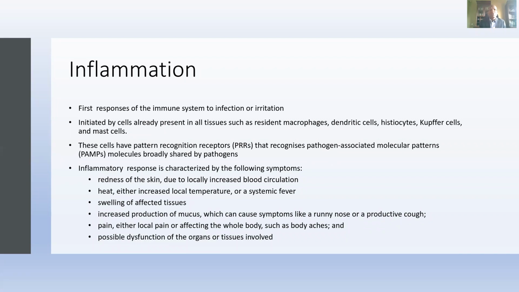Now, when you start anatomic pathology, you will be taught about the characteristics of inflammation, which are redness, heat, swelling, increased blood circulation or mucus, pain, and loss of function. Now, these are not just happening.